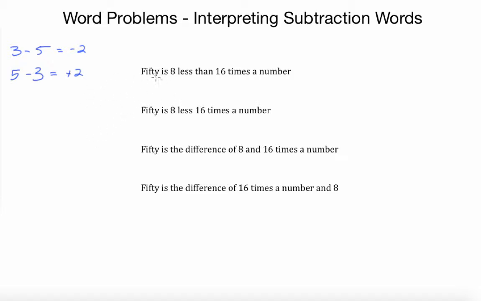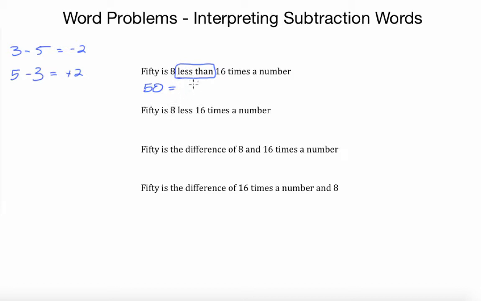All right, the first one: 50 is 8 less than 16 times a number. So clearly we've got 50 is, but now how do I interpret 8 less than? This is our first subtraction phrase.